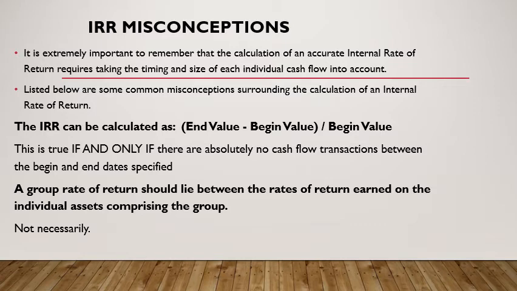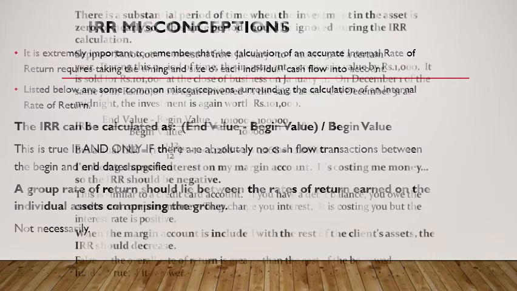Say for example, one of the assets has 12% and another asset has a 6% rate of return. There is no rule that the group rate of return should be between 12 and 6. Group rate of return could be more than 12 as well. So that is another misconception.